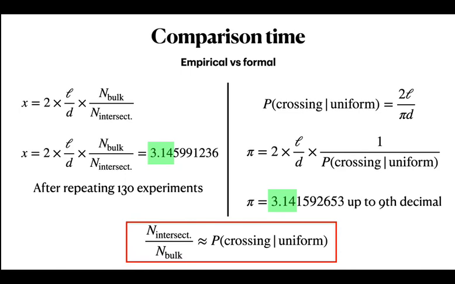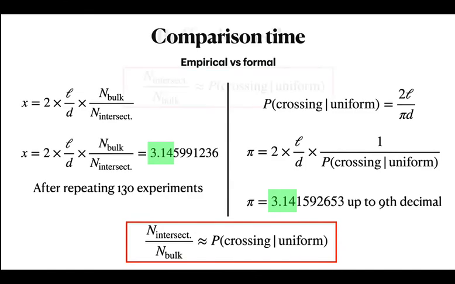We can suggest that the ratio of the number of pens that have been put on the floor without touching the edges is approximately the same as the probability for a crossing to occur under the assumption that all outcomes are equally likely. And that's the interesting bit. That's how you make the connection between something due to empirical mathematics and something on the right-hand side which is purely formal and in some sense coming from outside of a game.